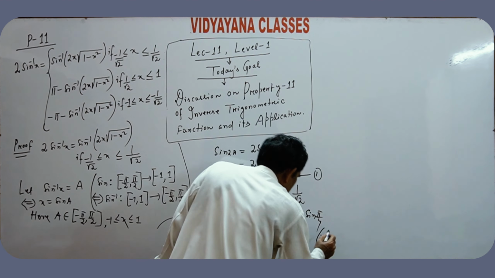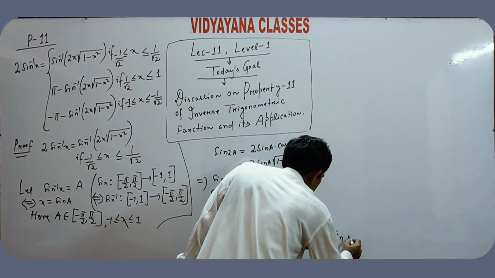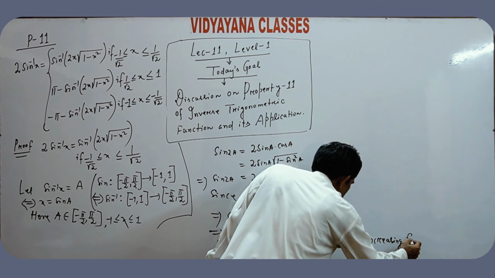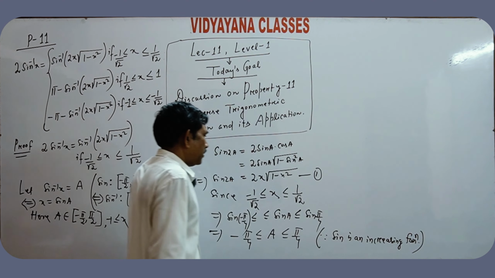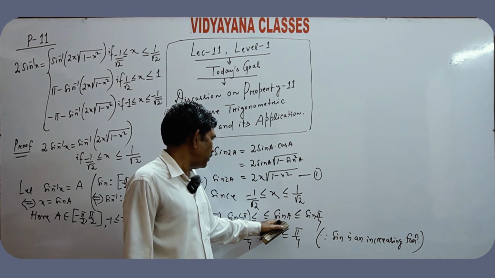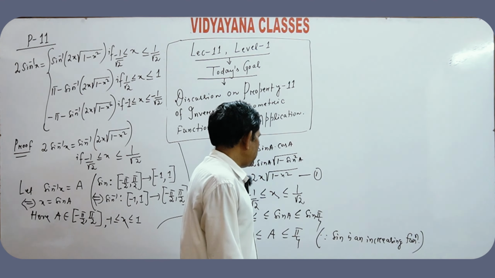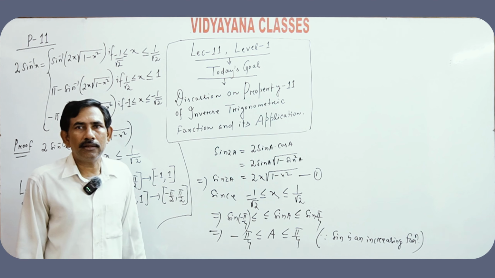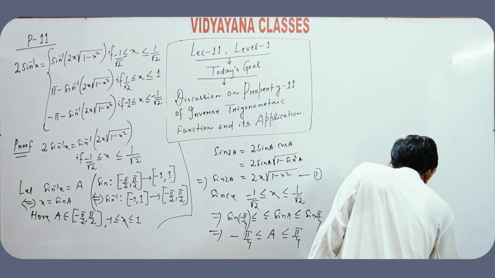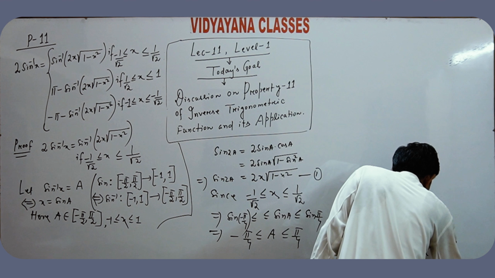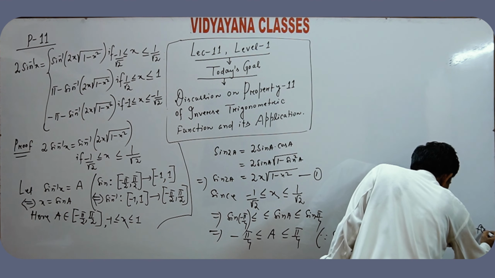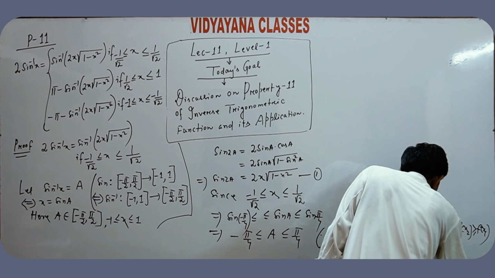Since sin is an increasing function, sin pi by 4 is greater than or equal to sin a. Increasing means: x2 greater than x1 implies f x2 is greater than or equal to f x1, which implies f is increasing.